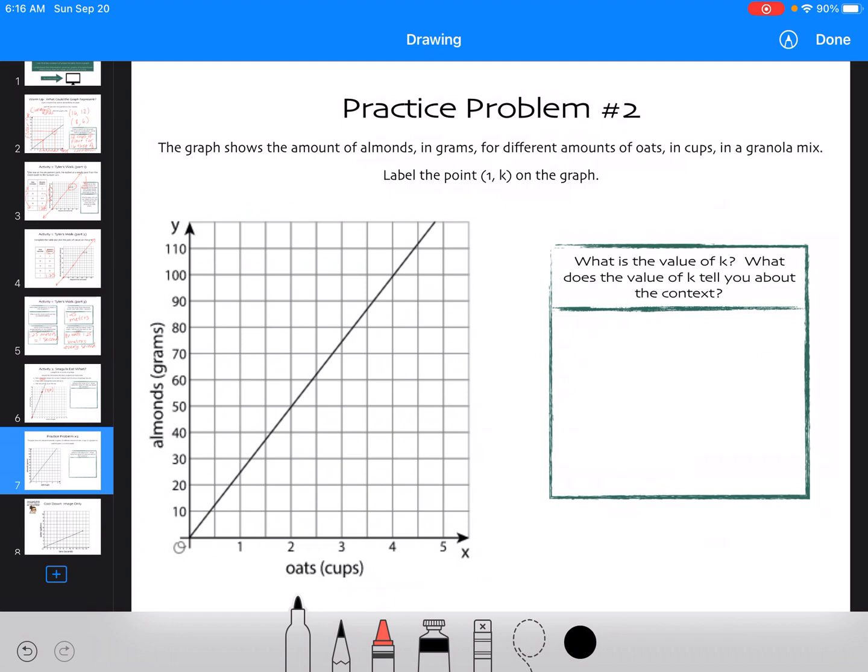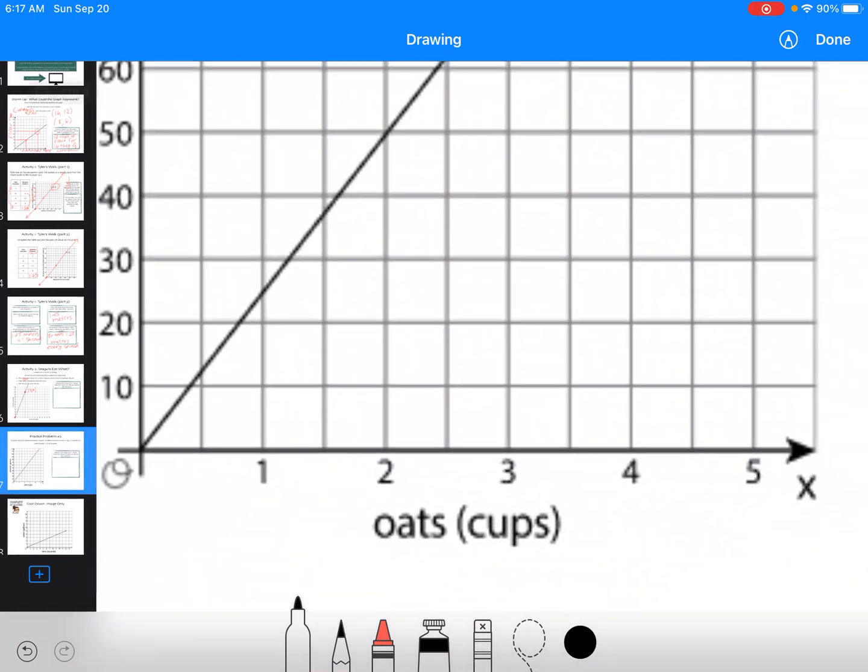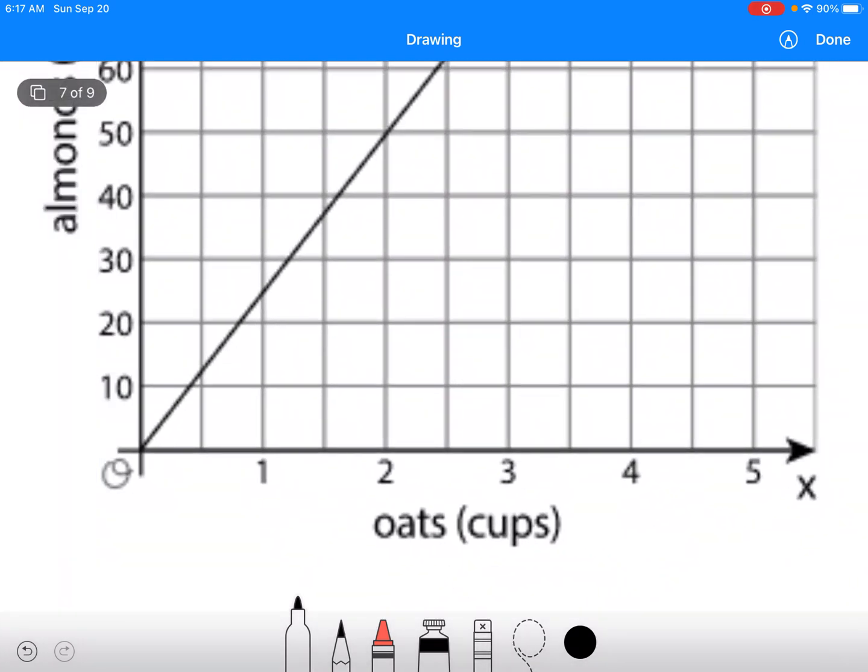Practice problem 2. The graph shows the amount of almonds in grams for different amounts of oats in cups in granola mix. Label the point 1, K on the graph. Well, see, if you look at it, and I'm going to zoom in, I don't know what that line is. I have to find one that goes through the crosshair.